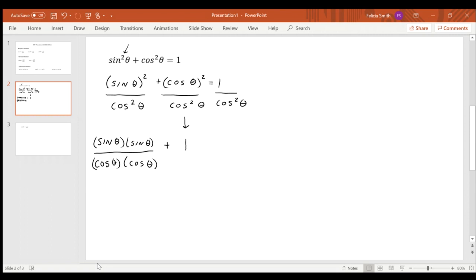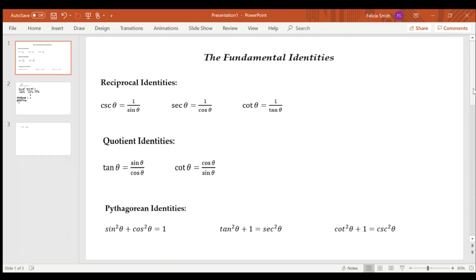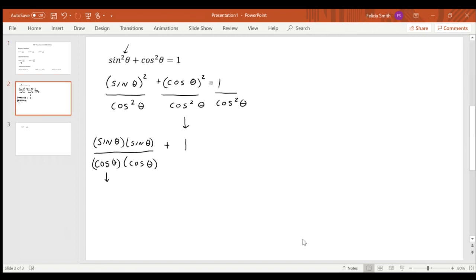If I just look at this piece, sine of theta on top and cosine of theta on the bottom, if I go back and take a look at my fundamental identities, that's the same thing as tangent of theta. So I'm going to replace this one with tangent of theta.